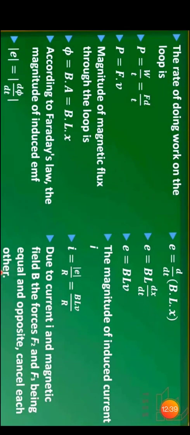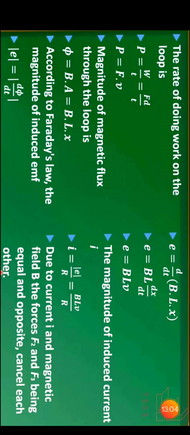The magnitude of induced current I can be written as I is equal to mod of E upon R. Therefore, it is equal to BLV upon R, where R is the resistance of the loop.